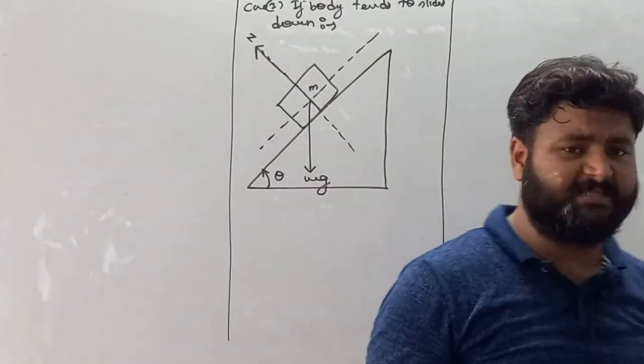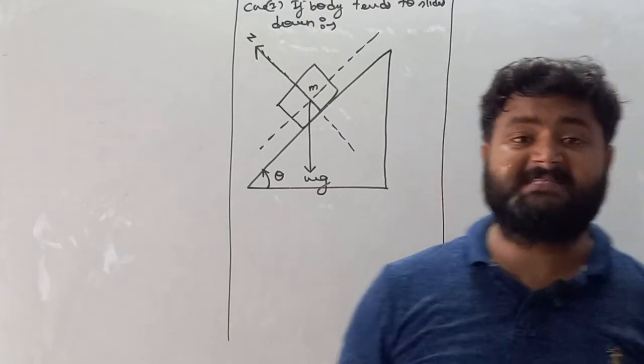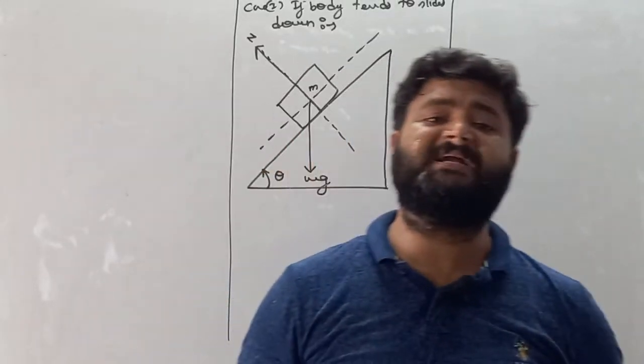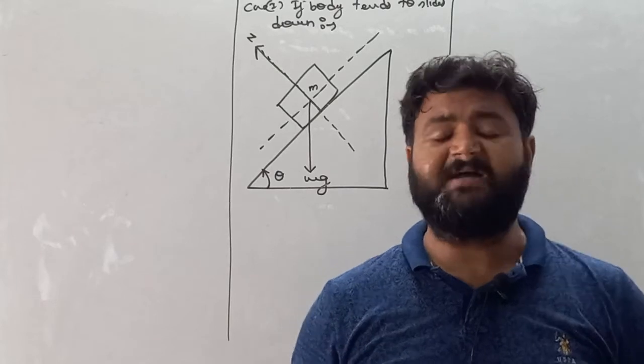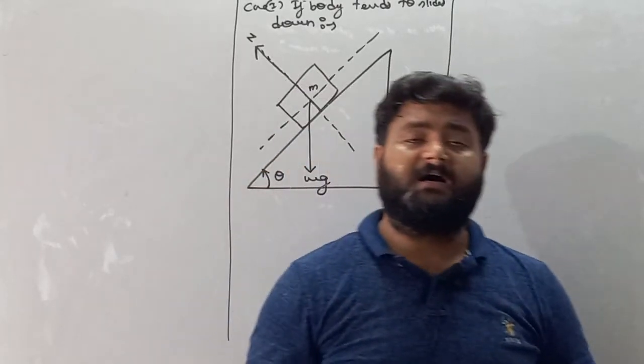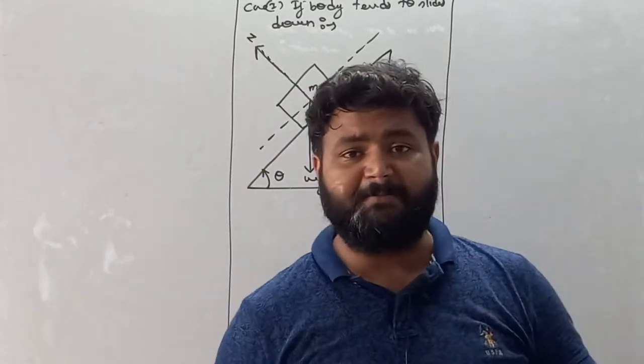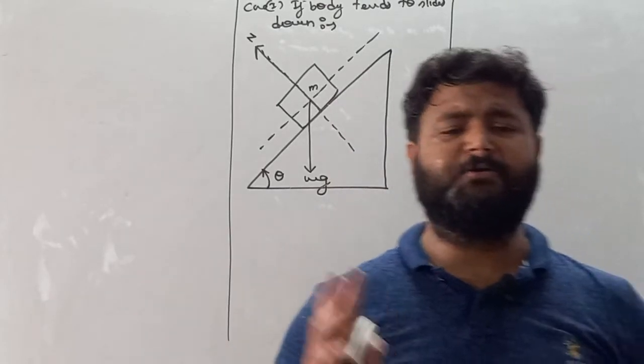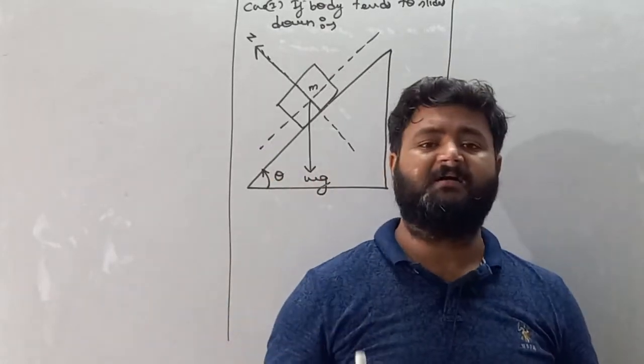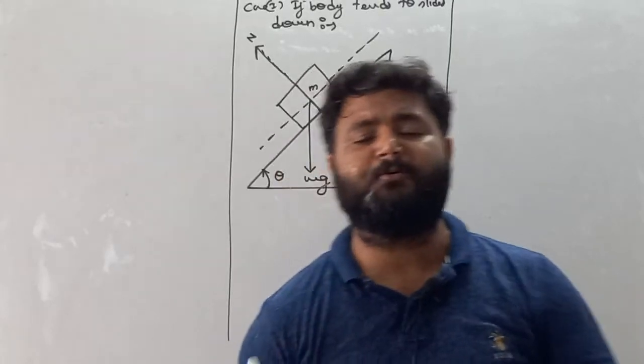Now remember one more thing, my dear student. In every situation we'll make the components of weight, but when we are talking about banking of road, remember we don't need to make the rectangular components of weight.